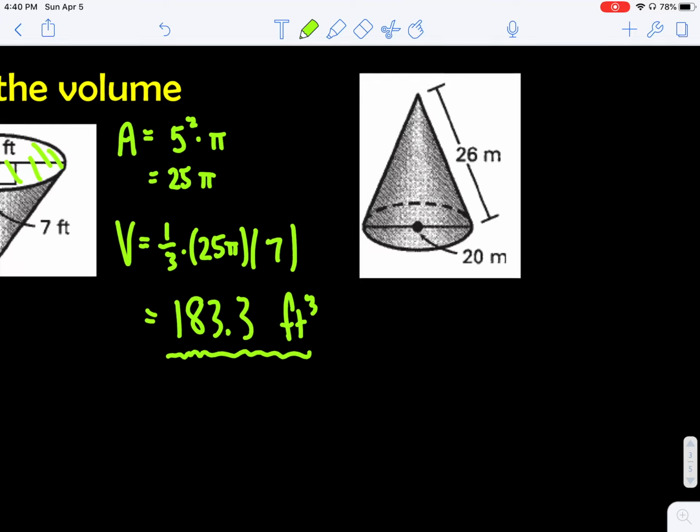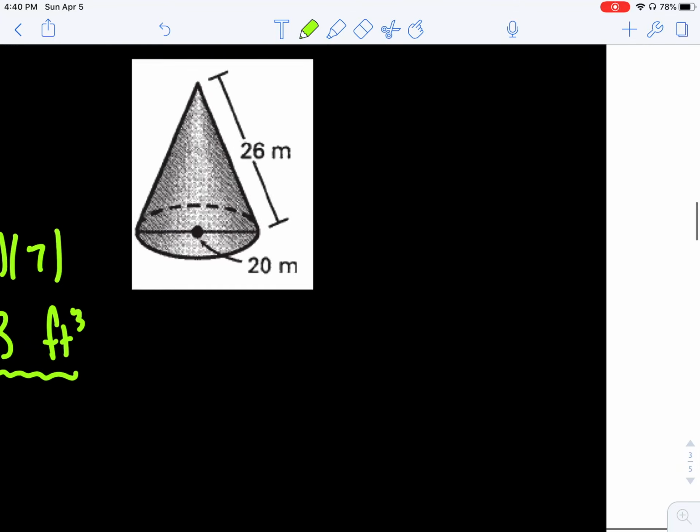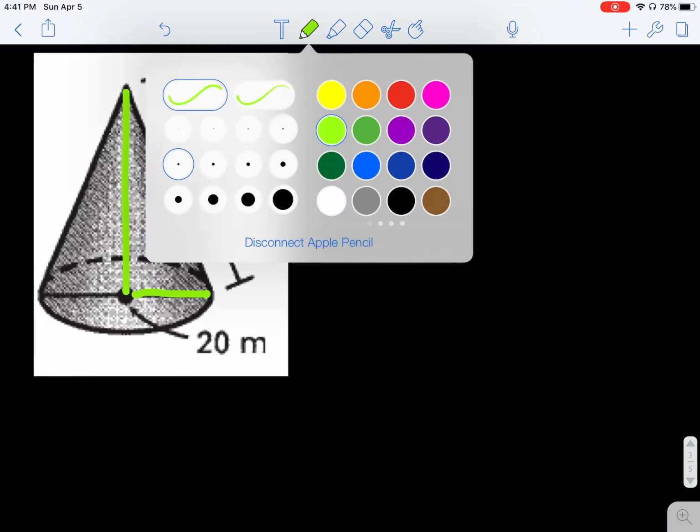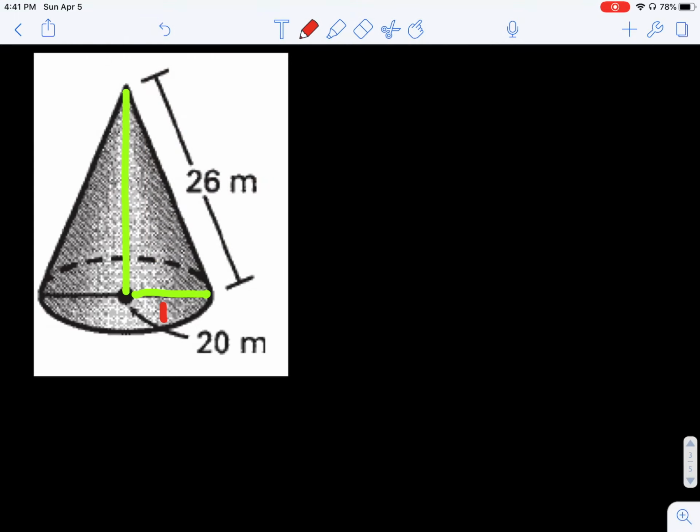Alrighty, this next one is a little bit of a challenge. They do not give us the height, so we have to calculate the height using our favorite, a squared plus b squared equals c squared. It's even trickier because they give us the diameter. The diameter is 20, so the radius is 10. So 10 squared plus the height squared is equal to 26 squared.